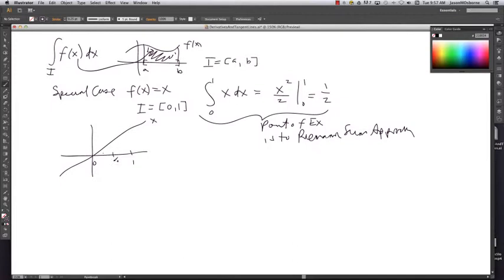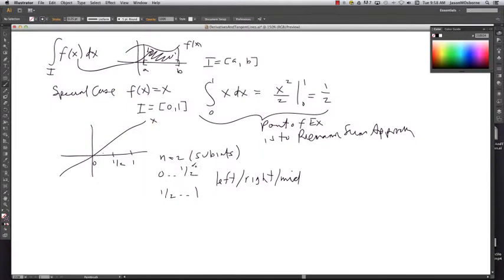Let's say you choose n equal to 2 subintervals. Then you would have the interval 0 to a half, and the interval from 1/2 up to 1. Then your choice is to choose left endpoints, right endpoints, or even midpoints.